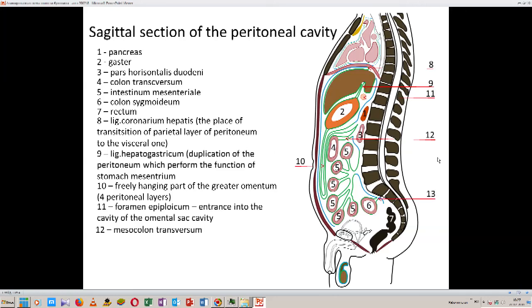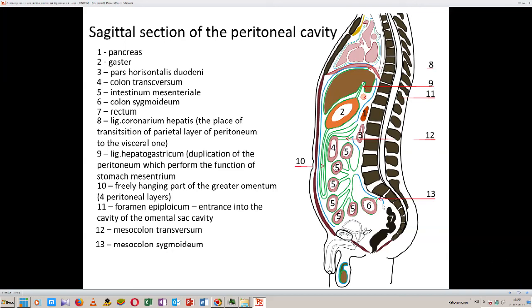And again, in the lower part of the peritoneal cavity, number 13, it's mesocolon sigmoidum.